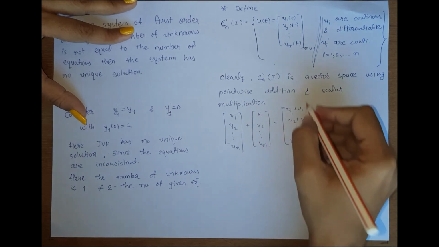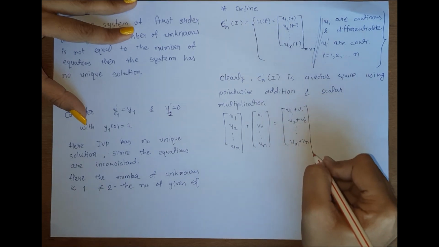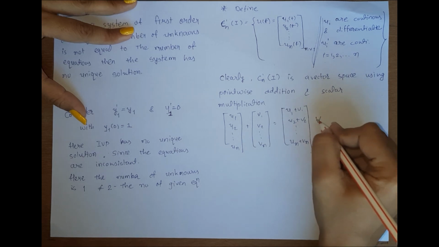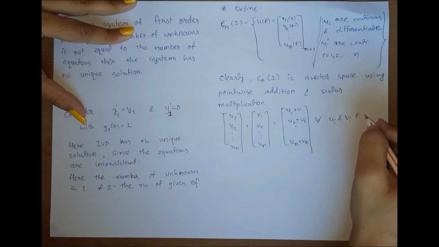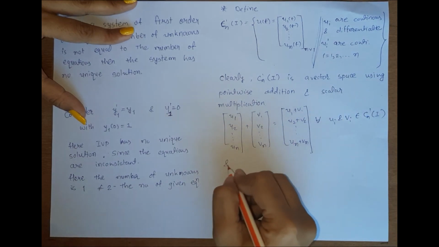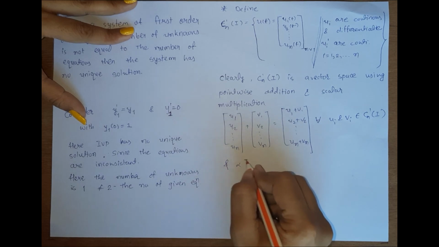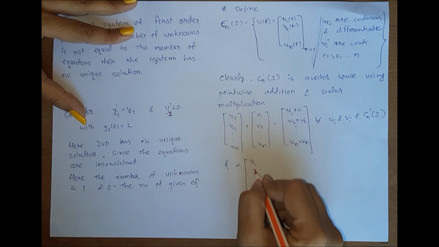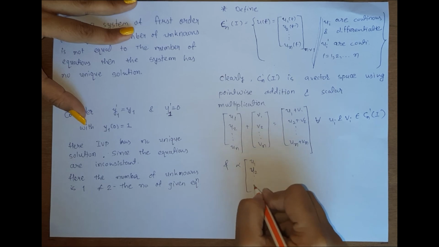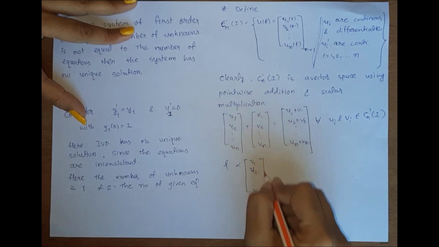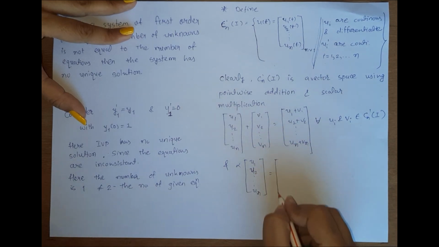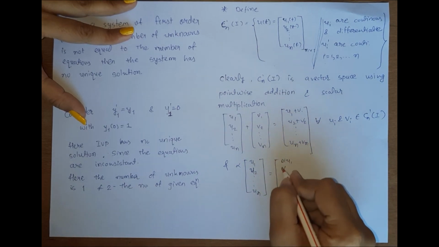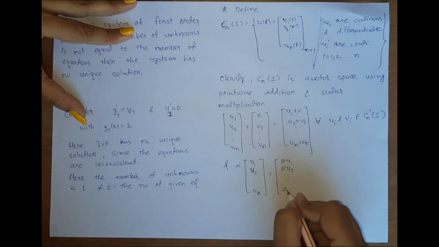Plus vn, for all ui and vi belonging to Cn dash over I, and the scalar multiplication is denoted as alpha into u1, u2 up to un is equal to alpha u1, alpha u2 up to alpha un.